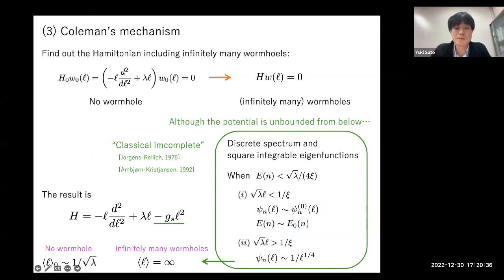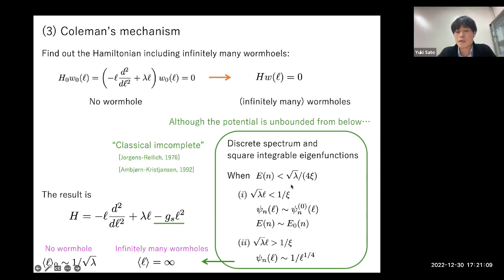I don't have time to explain details, but if the system is classically incomplete, we can say something very great. Even though this potential is unbounded from below, you can get a discrete energy spectrum and square integrable eigenfunctions. So if you are interested, I would recommend you read the second paper.